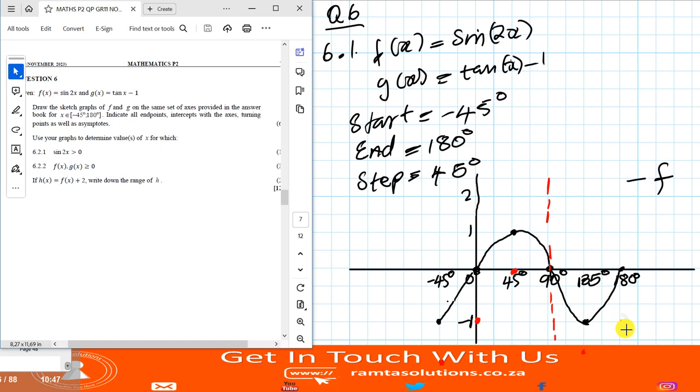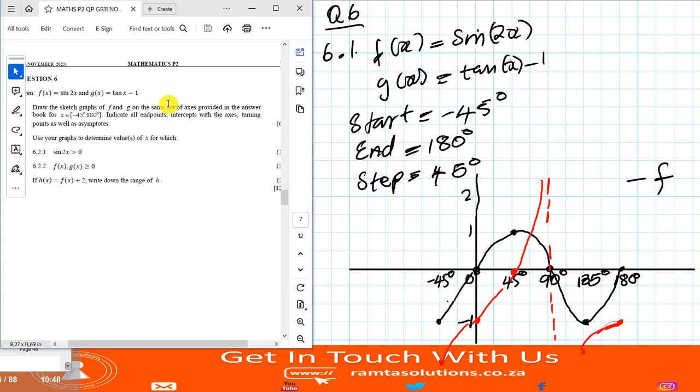So our function moves something like this. This is your tangent. It should never touch this. And then here, it's going to be something like this.